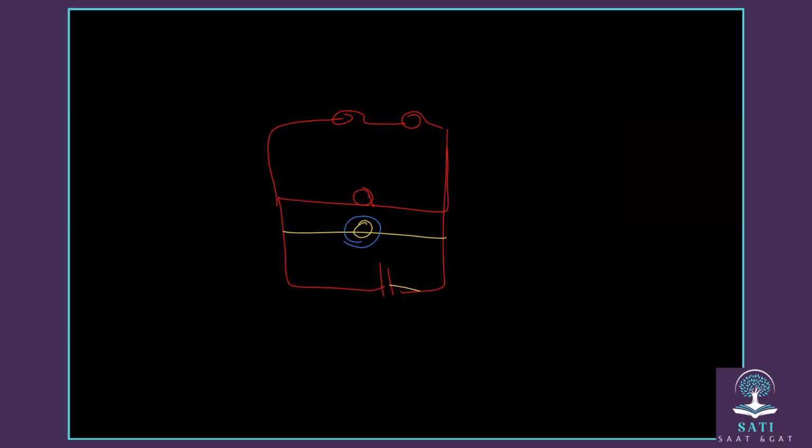If it burns out, what will happen to the brightness of these ones? As long as the connection, as you see, is parallel, the voltage will remain the same in these 3 parallel lines. So the brightness of this bulb and these bulbs, when this one burns out, will remain as it is, the same intensity of brightness.